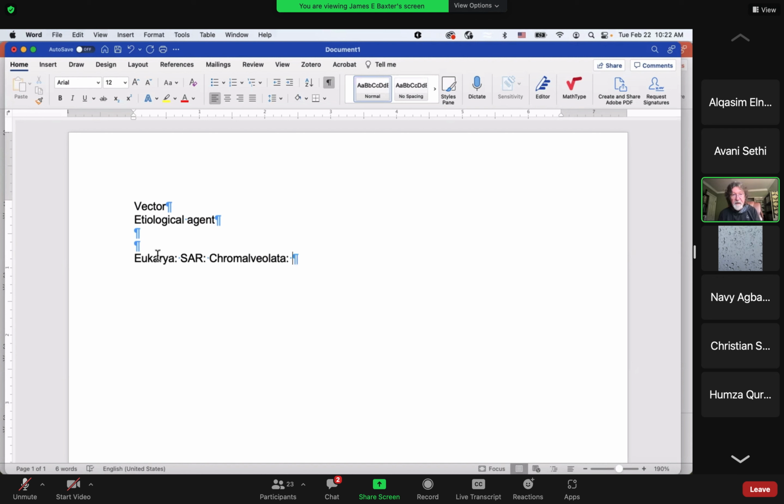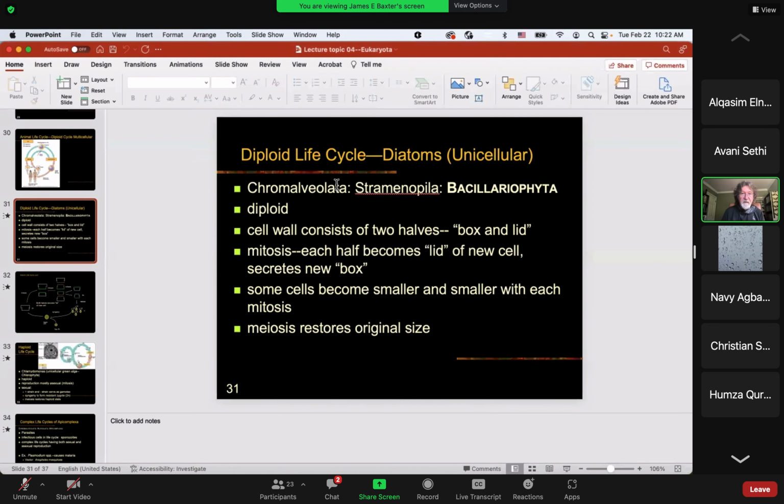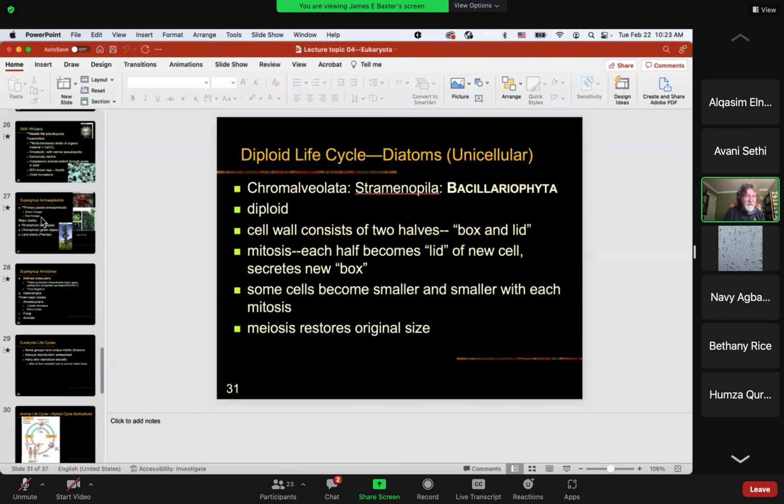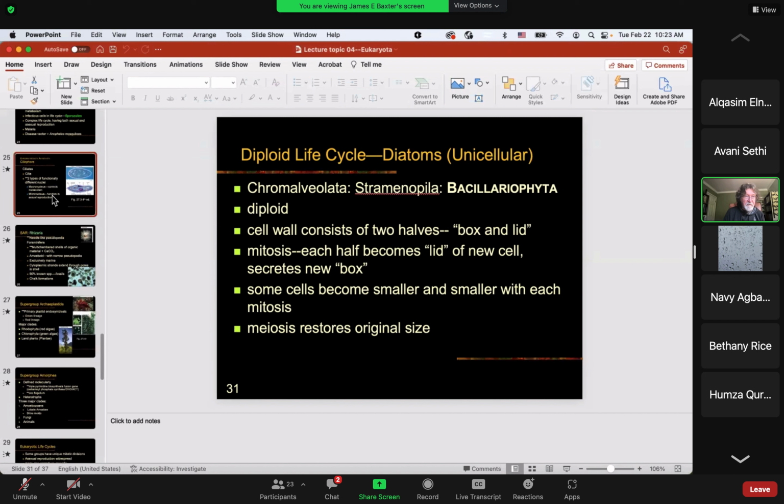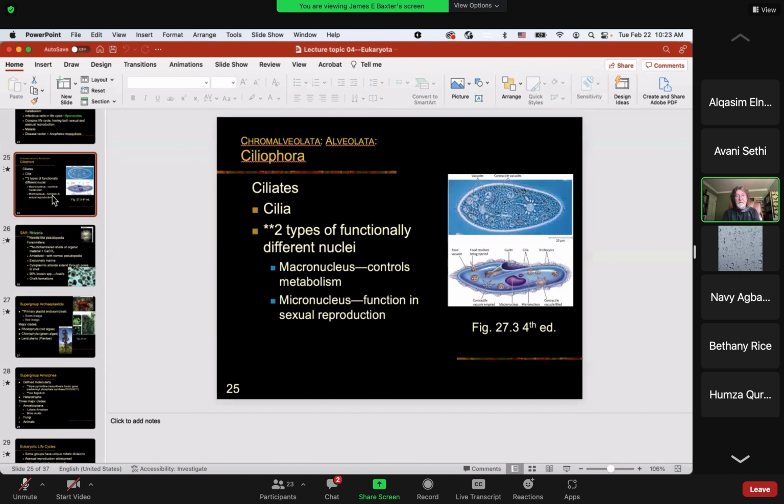These are the two parts of the lineage prior to Chromalveolata. And then the rest of it, of course, is Stramenopila, Bacillariophyta. Okay? Could I see slide 25, please? Slide 25. Okay, thank you.